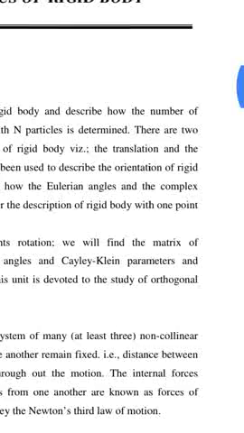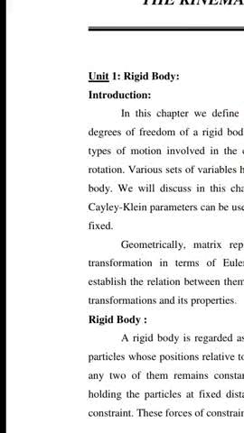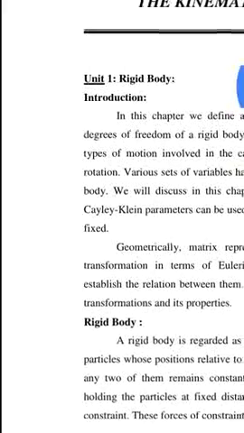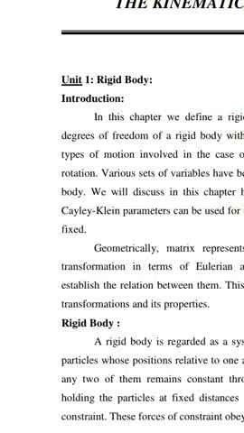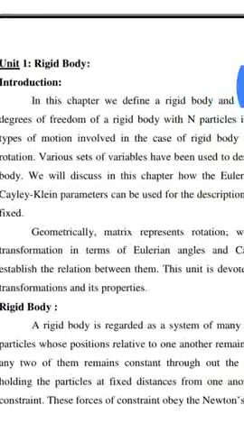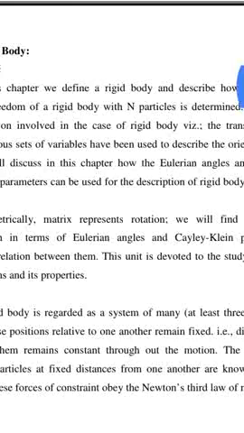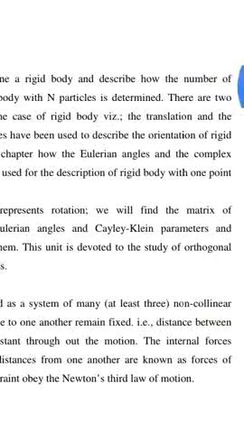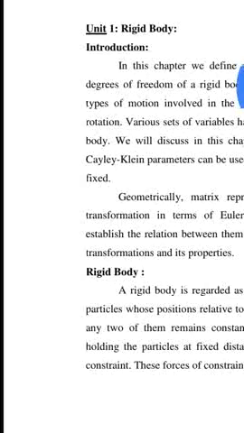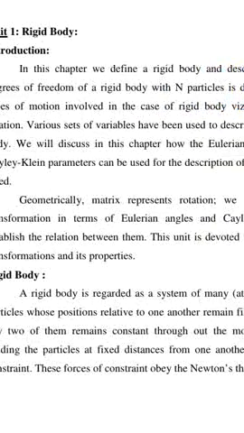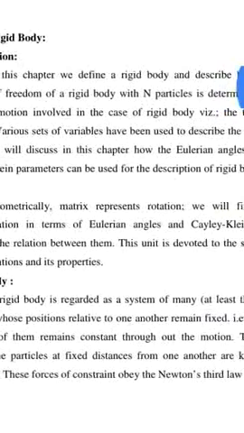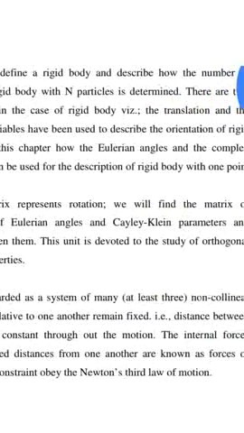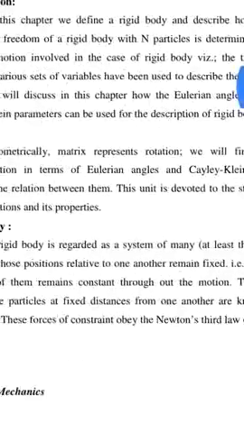There are two types of motion involved in the case of a rigid body, that is the translation and the rotations. Various sets of variables have been used to describe the orientations of the rigid body.